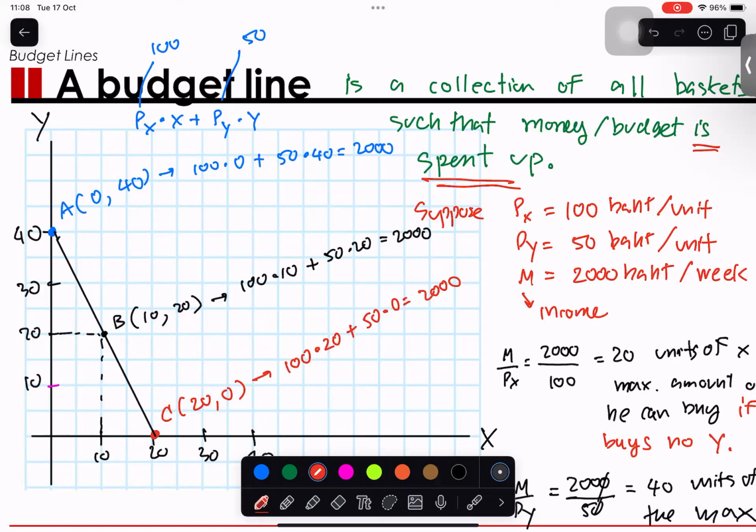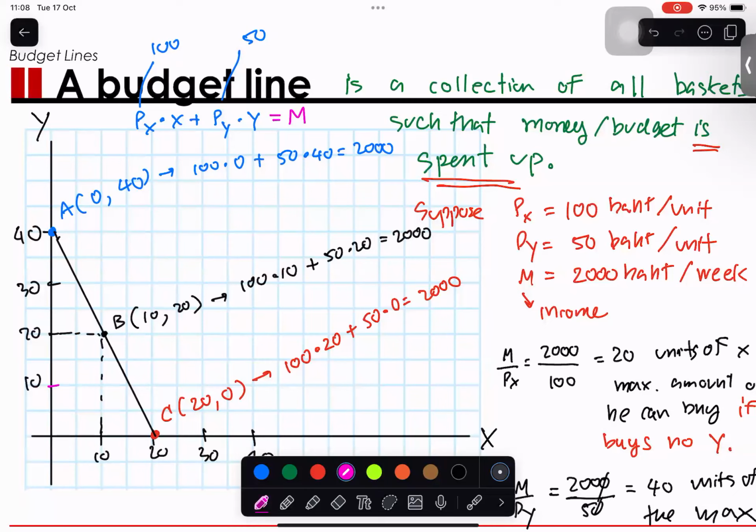So now our realization is this. Look, in the 3 baskets, spending equals the budget completely, no money left in his pocket. What is the definition of budget line? A collection of baskets where money is spent exactly.